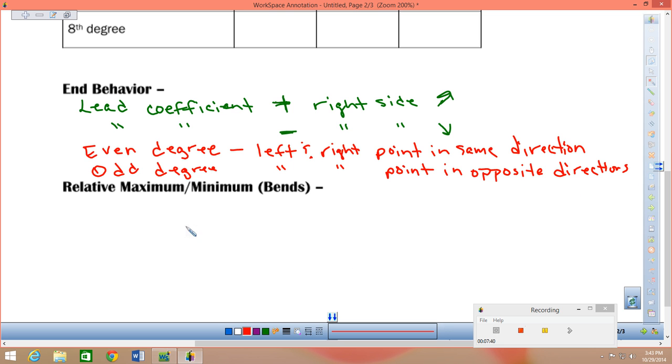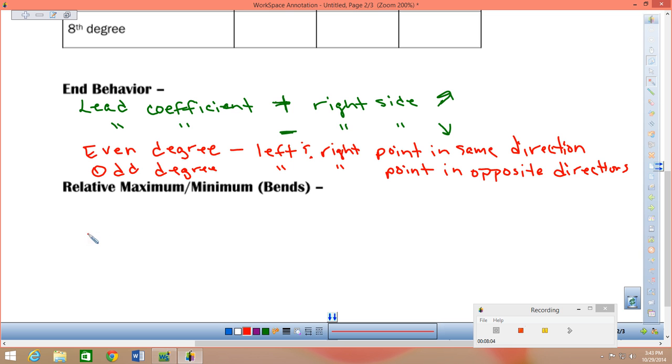Now that degree can tell me something about how many relative maximums and minimums a graph will have. In the papers that we've done, they call those bins. Just remember that a relative maximum or a minimum is actually the graph changing directions.